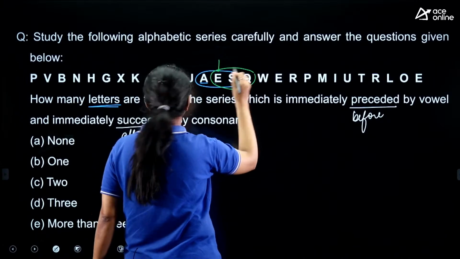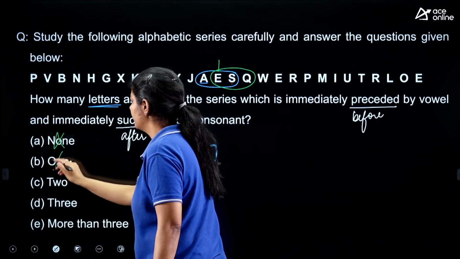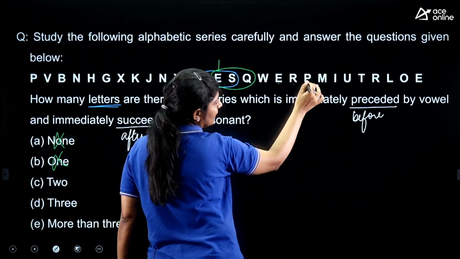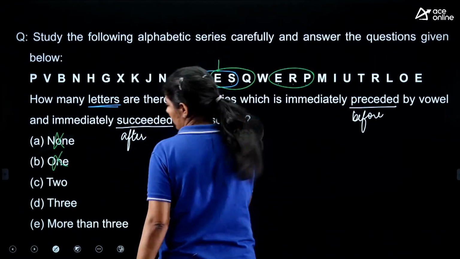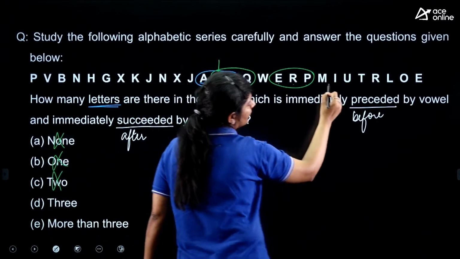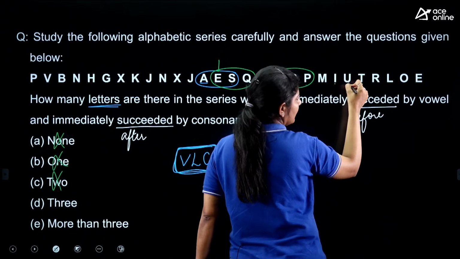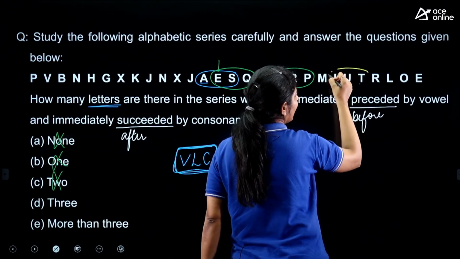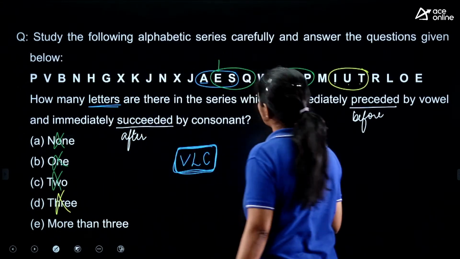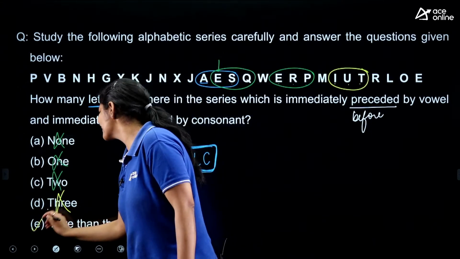I got 2. Next. Again vowel, letter, consonant. Yes, I got 1 more. Move further. Again, vowel, letter and consonant. I got 1 more. That means this option is also eliminated. So the correct option over here is more than 3.